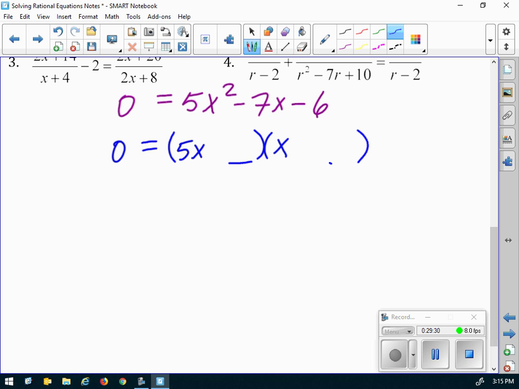These two here have to equal 6, so what are our options? 3 and 2 or 1 and 6. So let's try to visualize. And remember, this plus this has to give me negative 7x.